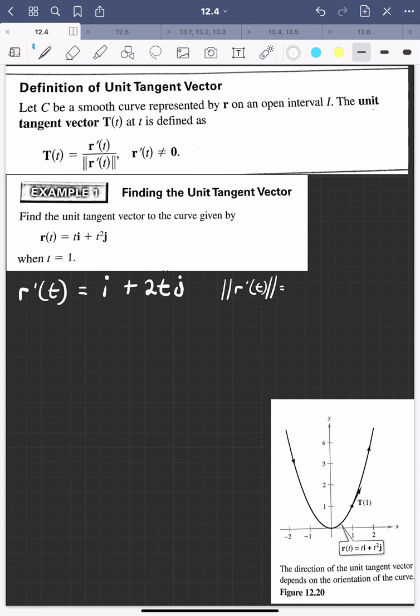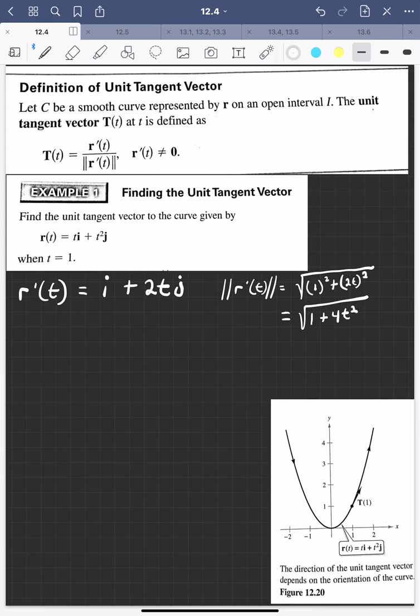If you want to find the magnitude of a vector, it's just the square root of the components squared, right? The i component is 1, so 1 squared, plus the j component, 2t squared. So it is the square root of 1 plus 4t squared.